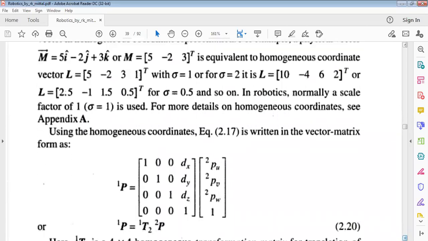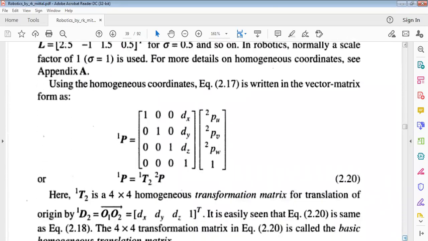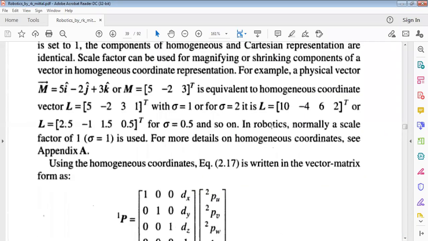Now let us look at homogeneous coordinates, where equation 2.17 is written in matrix form. What is equation 2.17?